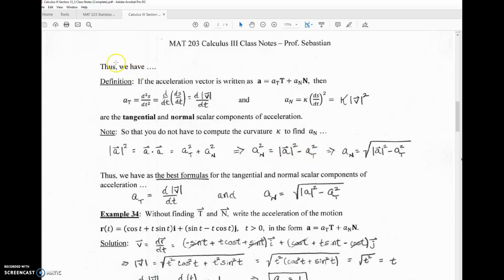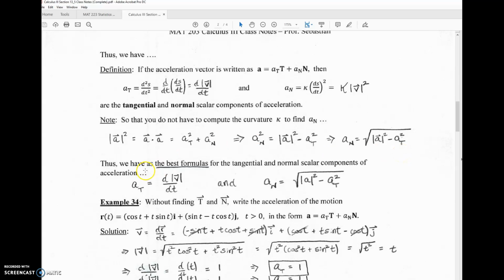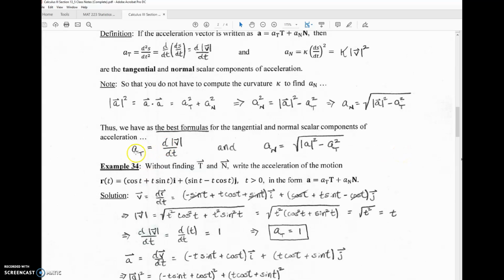Once we have a sub t, we can compute a sub n quicker this way. We don't have to worry about finding the curvature. So a sub n is the square root of the magnitude of acceleration squared minus the square of the tangential scalar component.